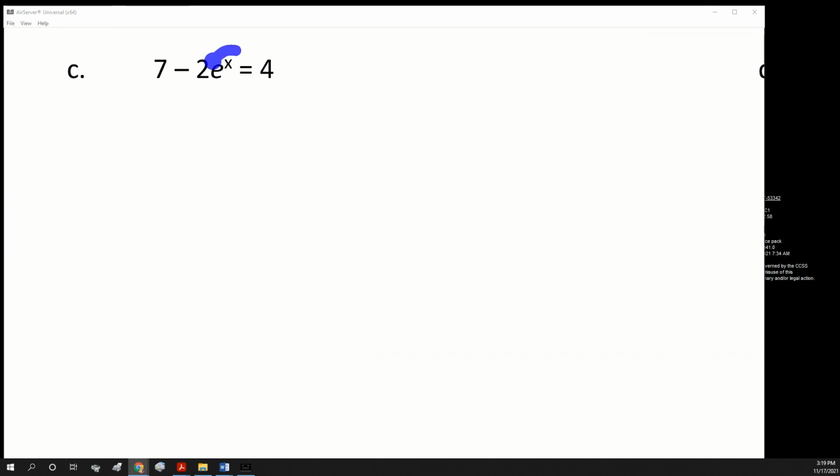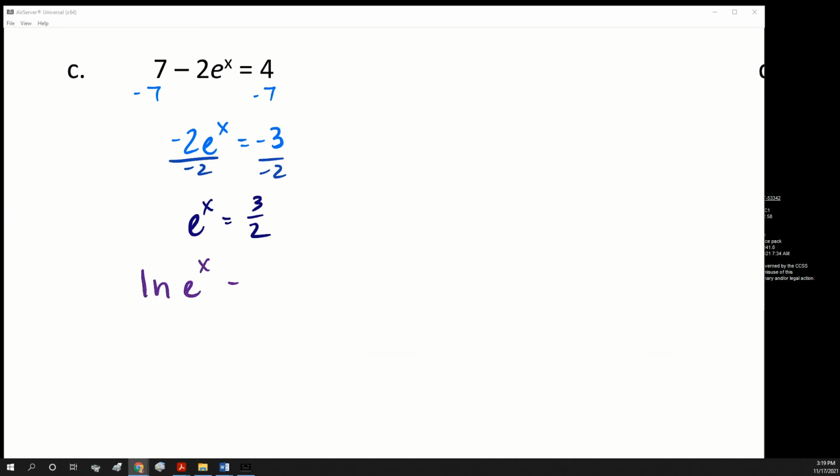So on the next page, we're going to solve this one for x. So this time our exponential expression is e to the x. So we have some work to do to get that by itself. Okay. So once we get the e to the x alone, we're ready to take the natural log of each side.